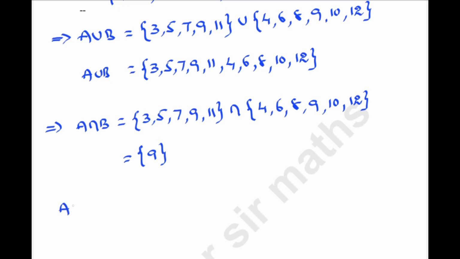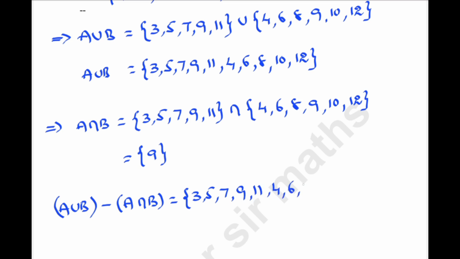Now A union B minus A intersection B. Now what is A union B? 3, 5, 7, 9, 11, 4, 6, 8, 10, 12 minus element 9. So we have to eliminate it.